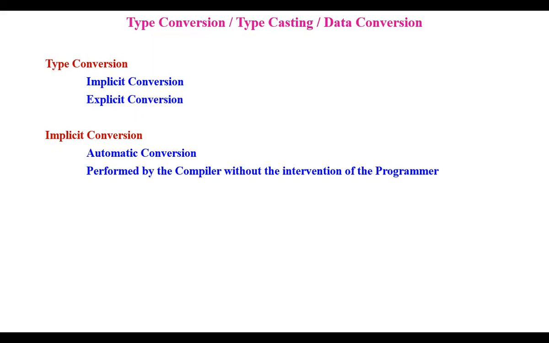The role of a programmer is not there in this. The programmer need not intervene, and the compiler itself will do the job. In the case of explicit conversion, the programmer has to do it. It is the role of the programmer to do this job. Let us see how and why.